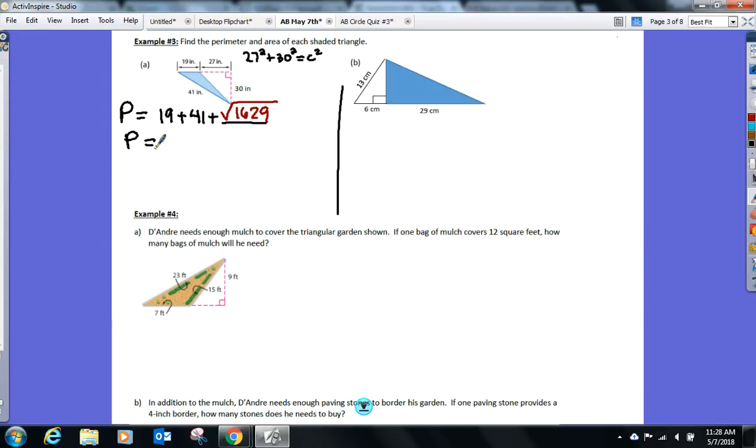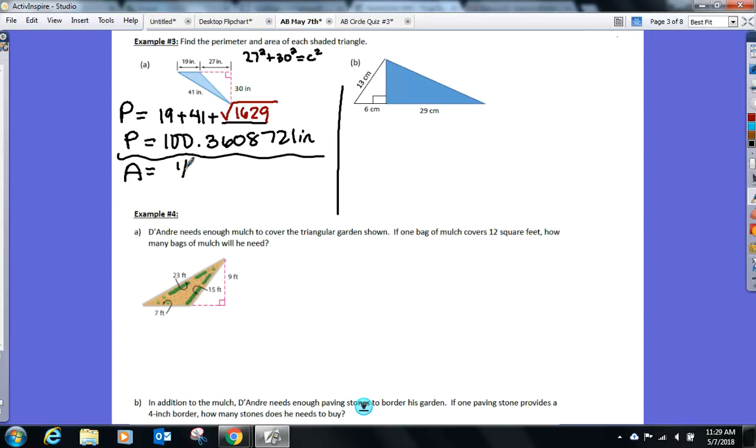All right, no rounding directions, full calculator display now. Okay, 100.36, all set.